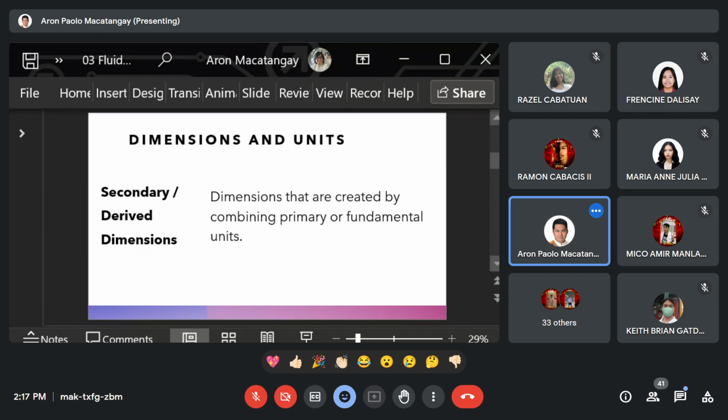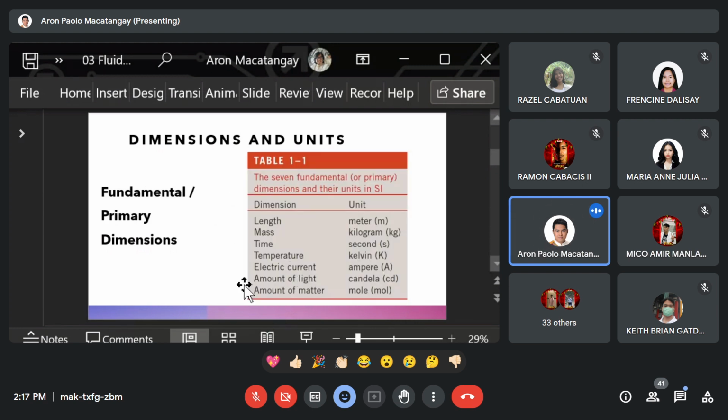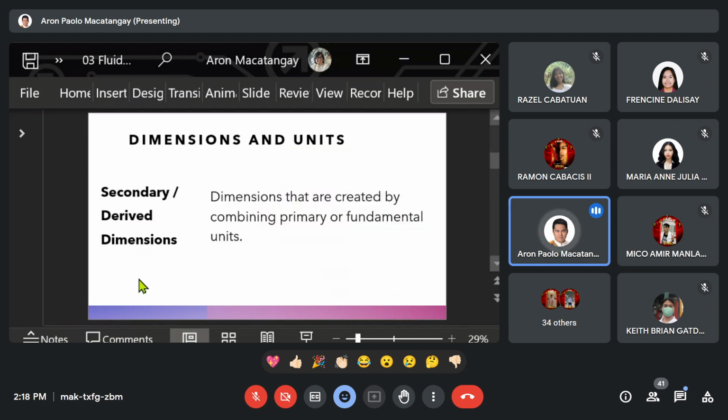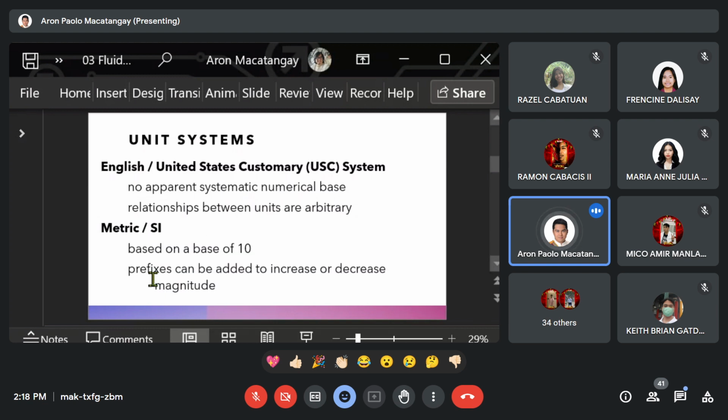For example, density is the ratio of the mass over the volume, and volume is basically three lengths in different directions. So the relationship of length and mass is used to describe density. Hence, density is a derived or secondary dimension. Okay, I hope you still get this.